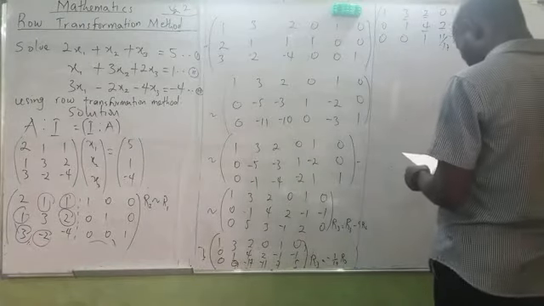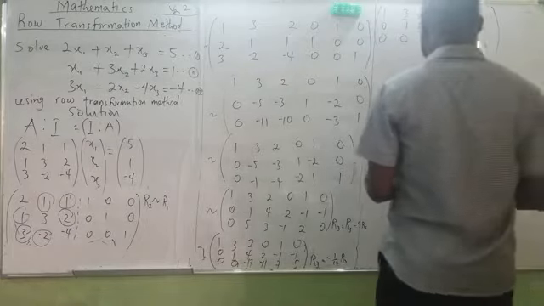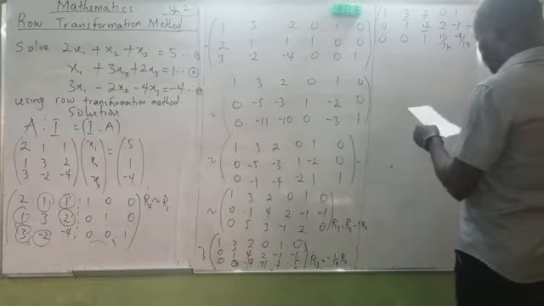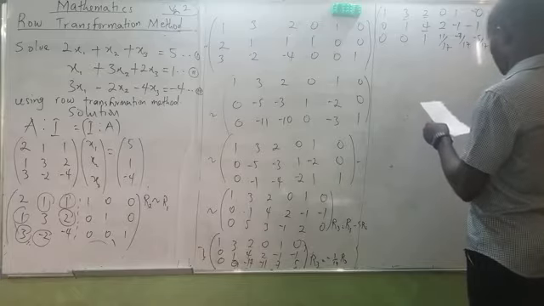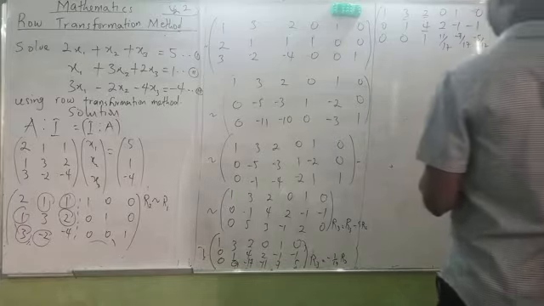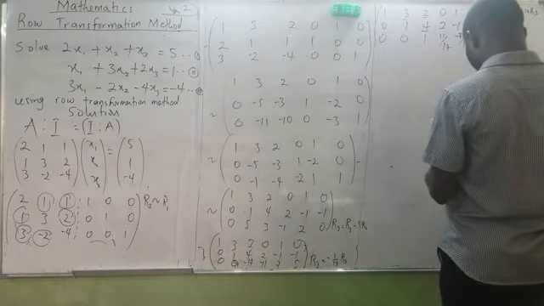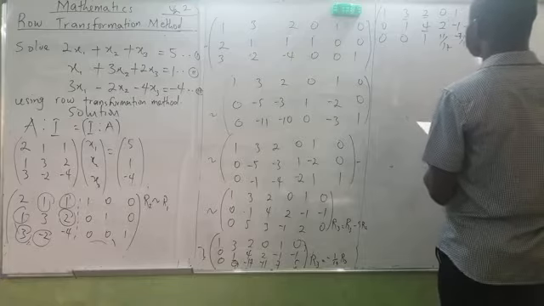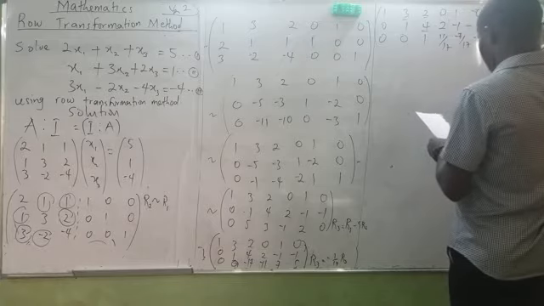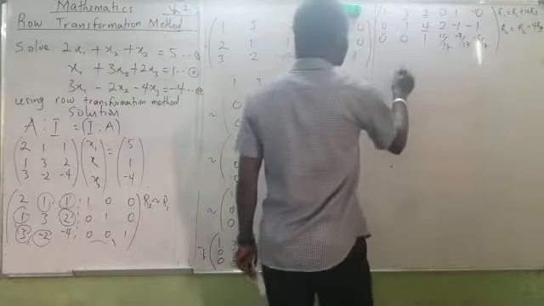I can easily say that the next thing I will need to do is that R1 equals R1 plus 10 R3, which I have something good, and also R2 can be equals to R2 minus 4R3. Okay, it means I'll be depending on this rule.